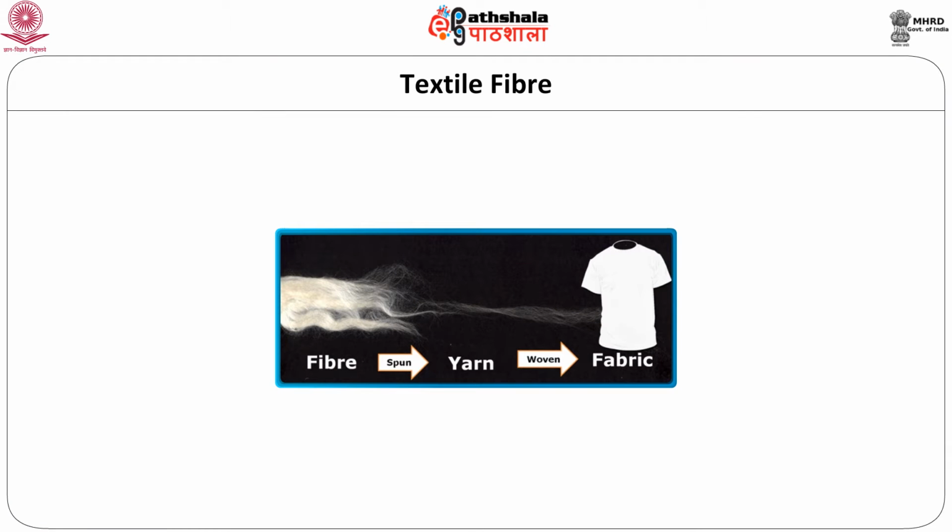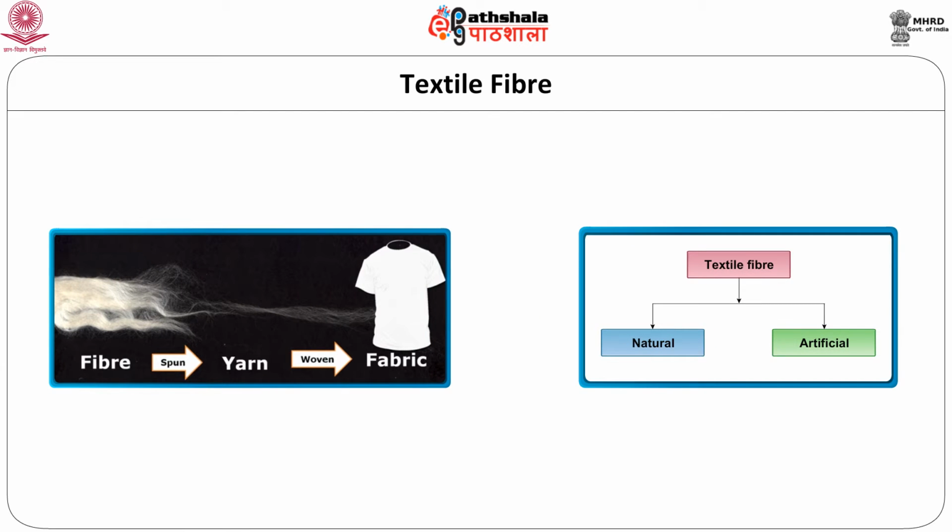Now let us see what is textile fiber. The basic element of textiles is fiber, which is usually converted into yarn and then fabric. A textile fiber can be natural or artificial.